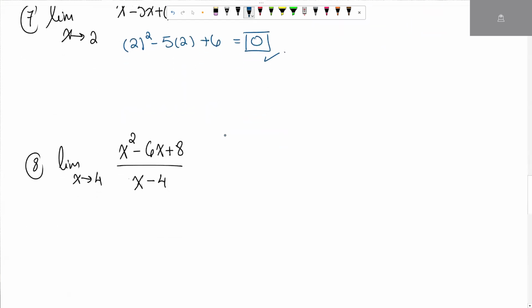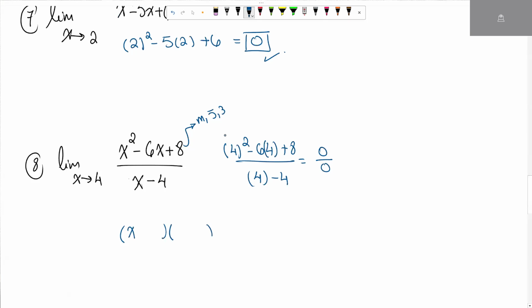On the other hand, if we substituted the x with 4, the answer would be 0 over 0. Therefore, we'll start factorizing. Because this one has x squared, we can factorize with a calculator, mode 5 3, and put the numbers with the opposite signs in brackets.